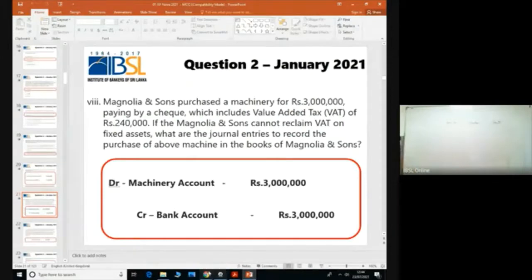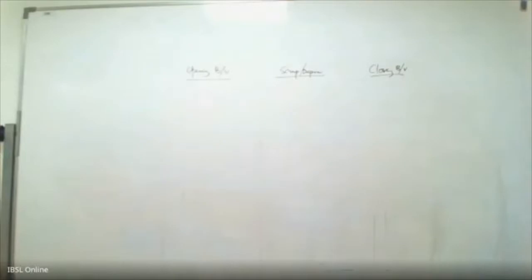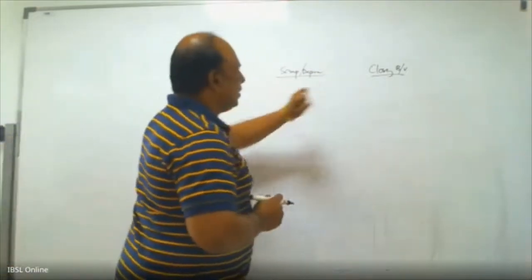Right. Now they say a vehicle was purchased by Lilly Company for 250,000 and depreciated at 10% per annum on diminishing value method. Estimated salvage value at the end of the useful life of the vehicle is 50,000. 5 years later, it was sold for rupees 125,000. Calculate the gain or loss on disposal. So it is on reducing balance, right? So opening balance, depreciation, closing book value.